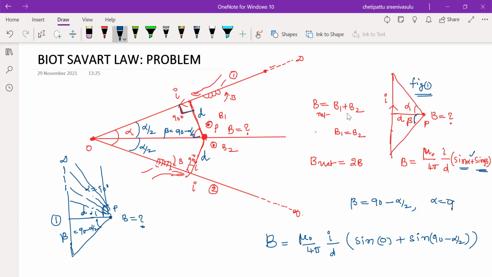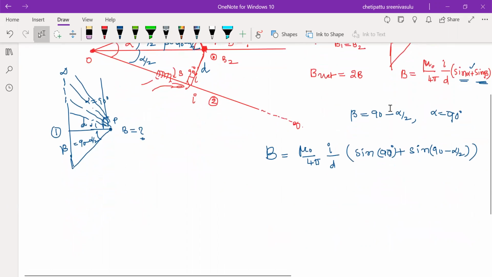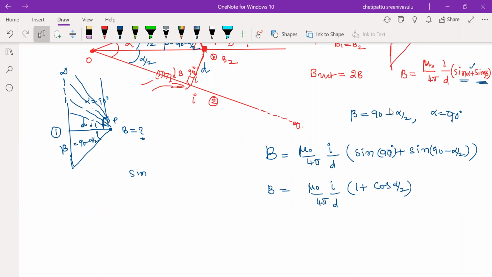Sin 90 is 1. Sin of 90 minus alpha by 2 equals cos alpha by 2, because it is in the first quadrant.